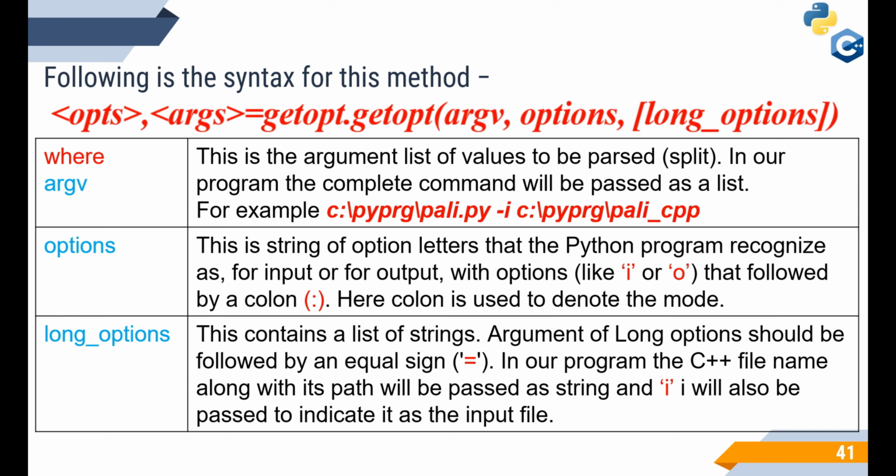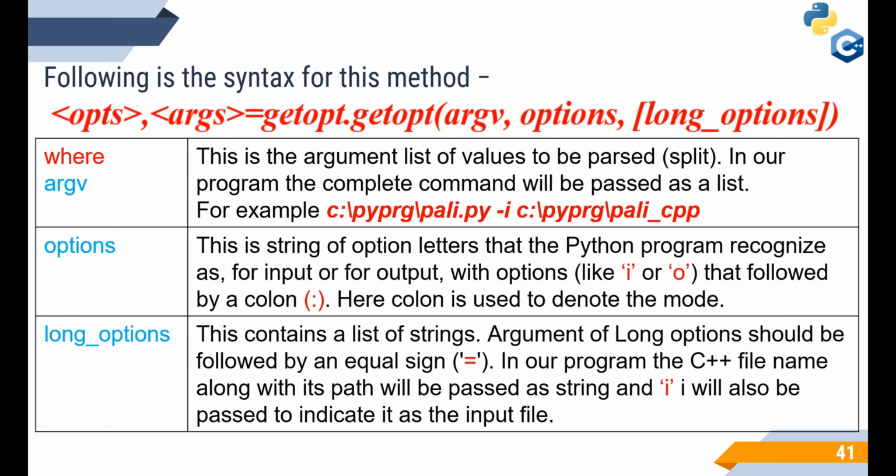Now options is the string of option letters that the Python program recognizes, for input or for output, with options like i or o followed by a colon. Here the colon is used to denote the mode.